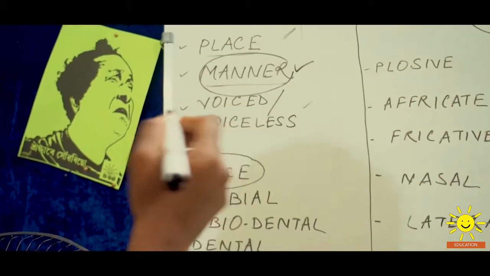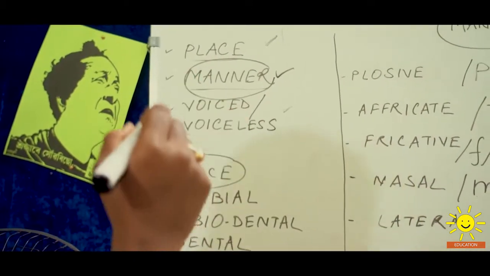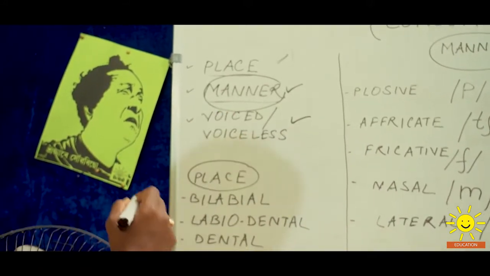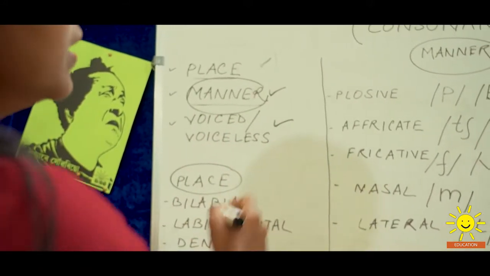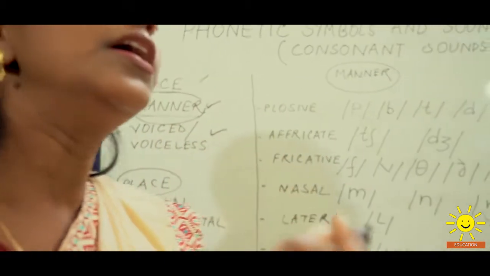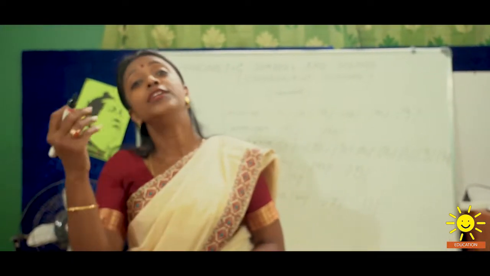And the third important aspect that you need to keep in mind is whether the consonant sound is a voiced sound or a voiceless sound. Now, students, as far as voiced sounds are concerned, when the vocal cords vibrate, it is known as a voiced sound.